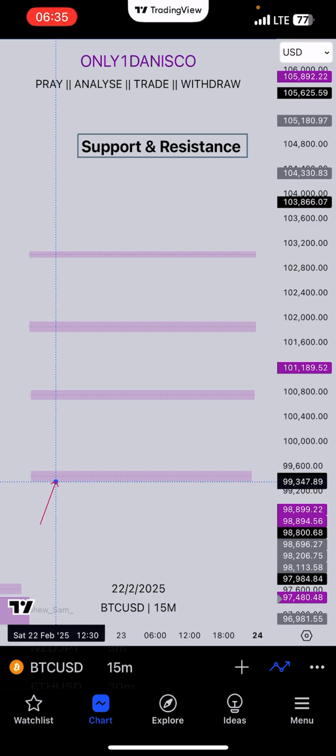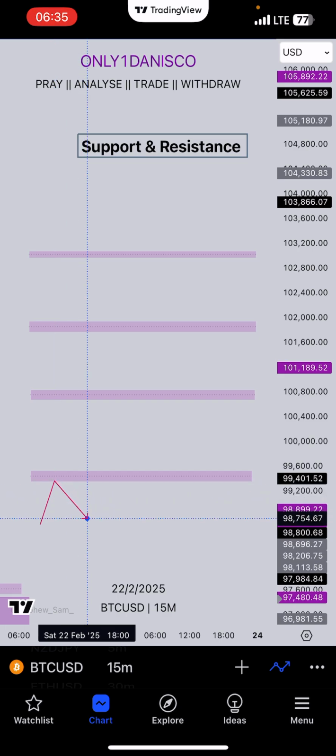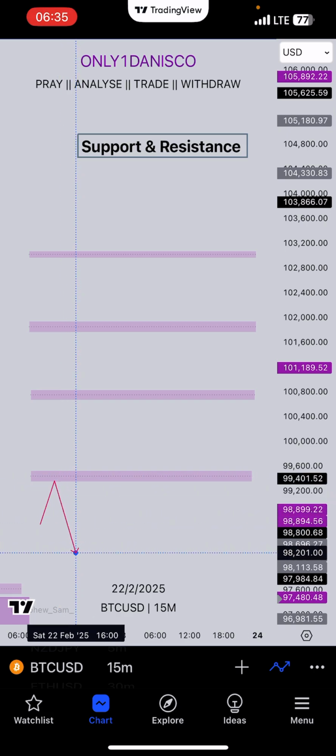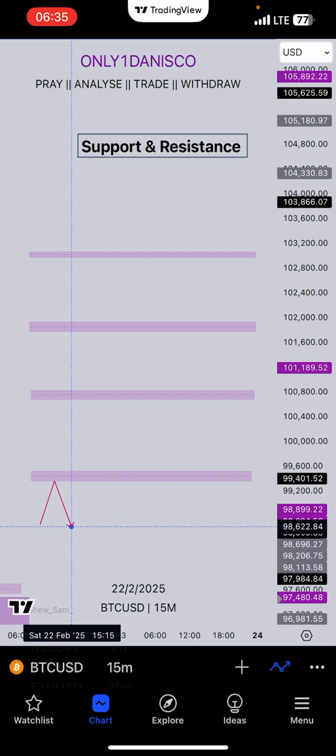So what you see is the price will hit the zone, and the next thing, it reverses. It can be a big reversal or a small reversal, like a correctional movement.